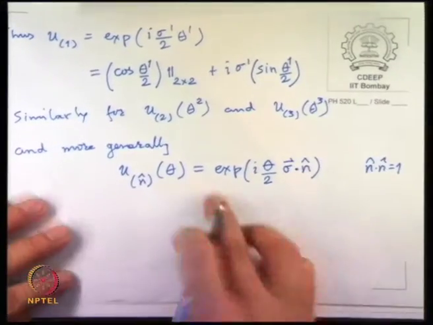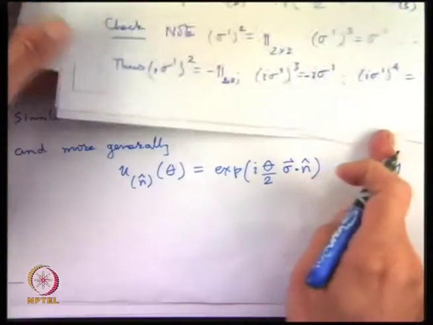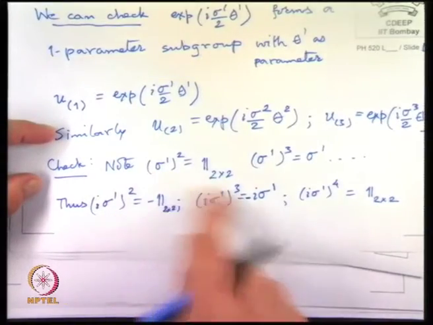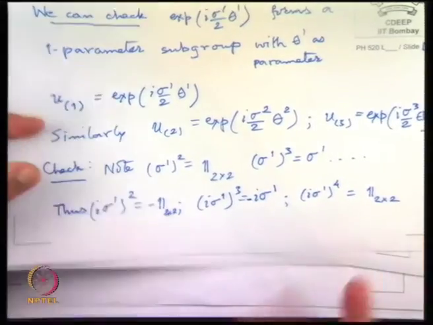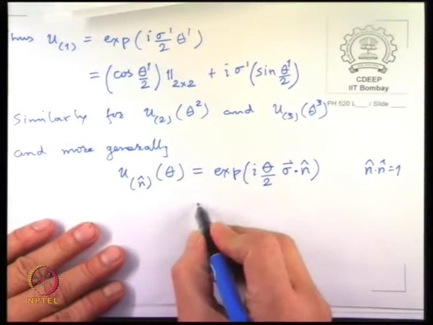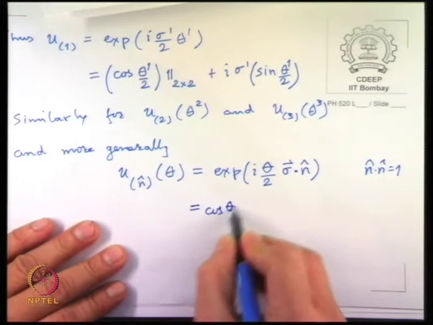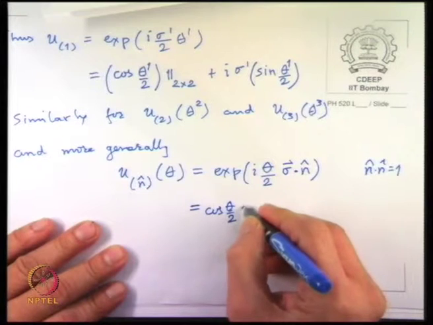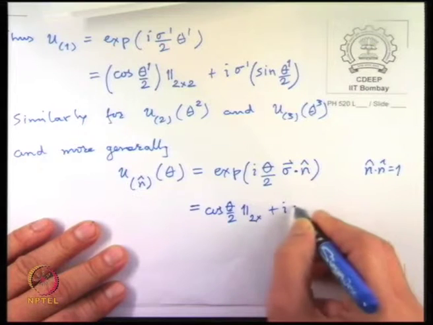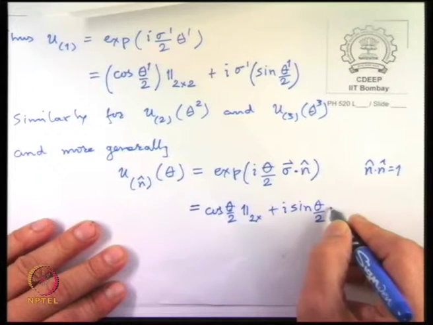If you exponentiate this combination, what you have to do is check the sigma dot n cap matrix for its square and its cube and so on. It will have exactly the same properties that we saw so far, and will give cos theta by 2 times identity plus I sin theta by 2 times n cap dot sigma.